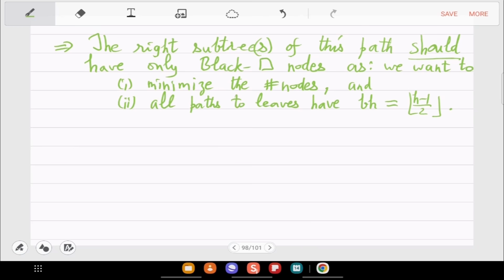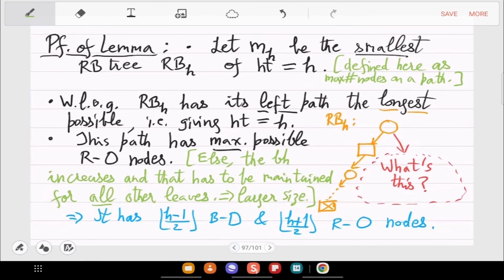Sorry? It should be what? It should be at least H by 2. Yeah, so this is again the minor, well, okay. So then this question will keep appearing. You guys will keep asking it.